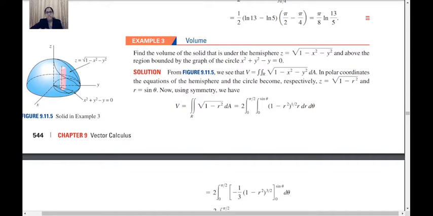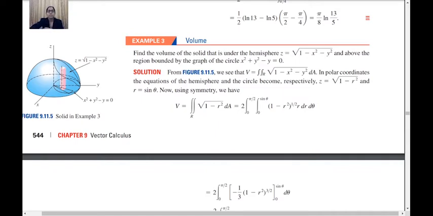So the limit of theta is simple: we consider the whole circle. To find the limits of r, we pass a ray or a line through the region and see where it enters and where it exits.